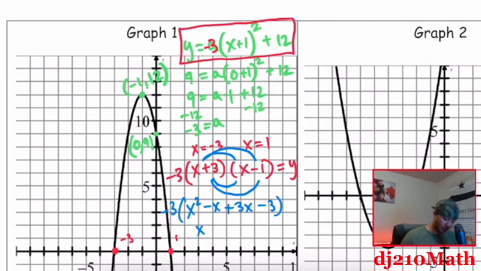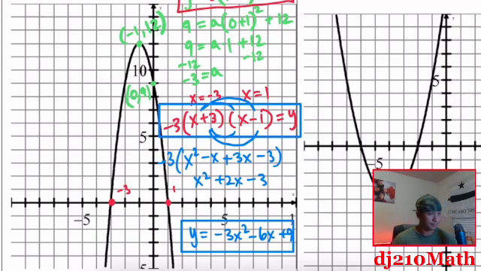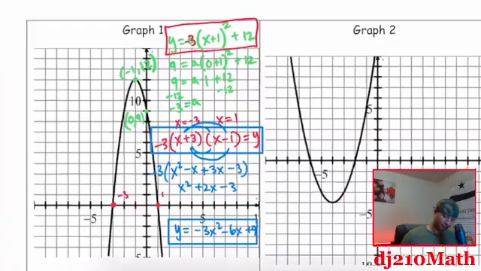Combining like terms, this is x squared plus 2x minus 3. Hitting everything with negative 3 because you have to distribute the negative 3. This is going to be the final answer: y is equal to negative 3x squared minus 6x plus 9. And this is standard form. Intercept form was right here prior to distributing. So those are the 3 for this graph. All right, number 2.